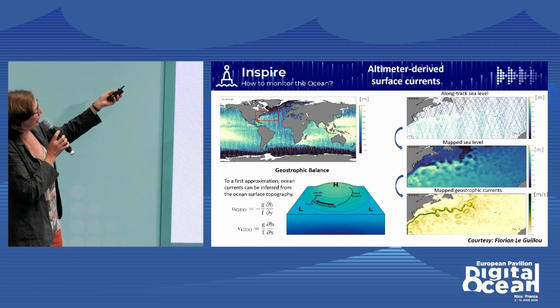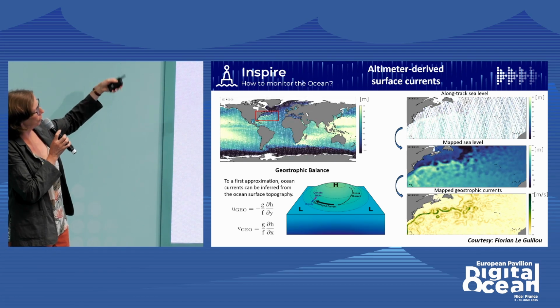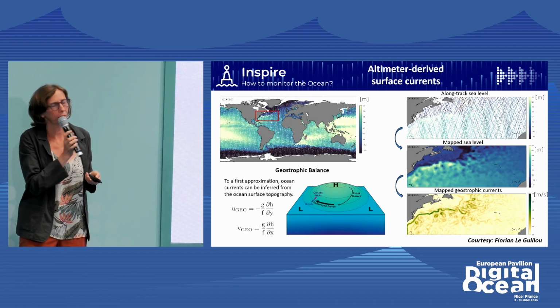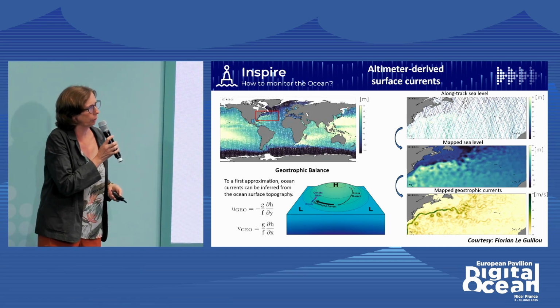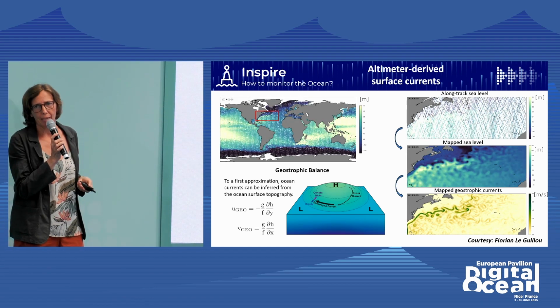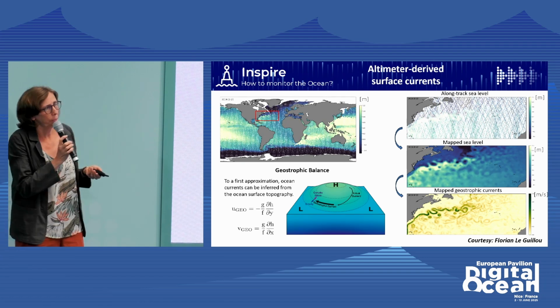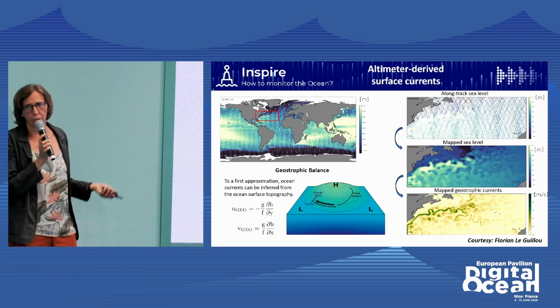So this is an example of a couple of months of altimeter tracks over the global ocean, and on the right part of the image for the Gulf Stream area. And so we use a very simple approximation, which is called geostrophy.